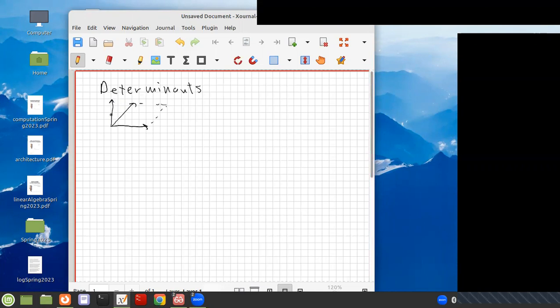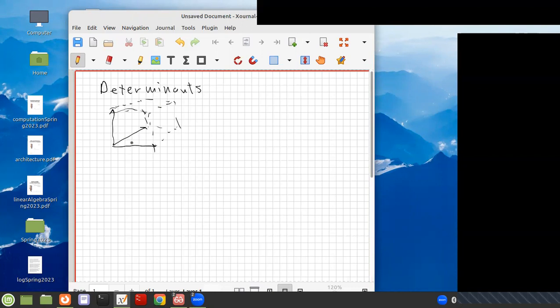I didn't draw this quite right, so let me just redo it. Here's a cube, right? Maybe not with the best artwork, but you can imagine a cube in 3 dimensions.